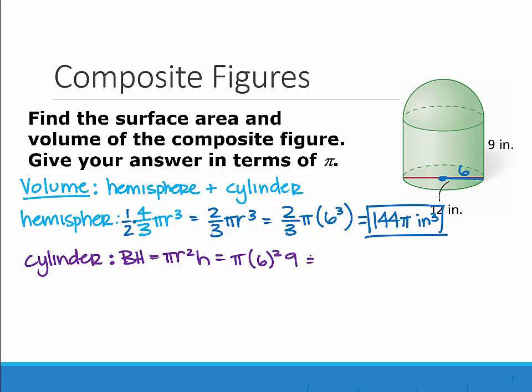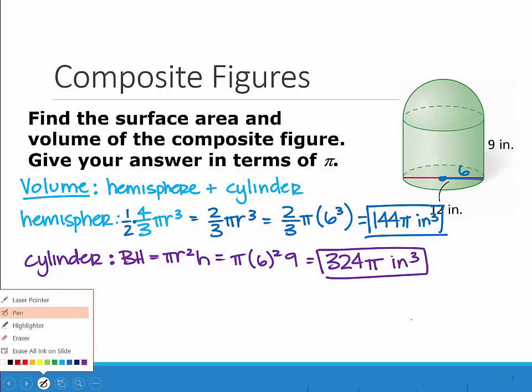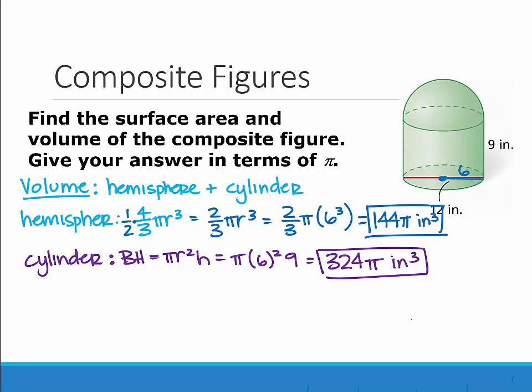So we'll do 36 times 9, which gives us 324 pi inches cubed. So the total volume, once we add those together, is 468 pi inches cubed for this composite figure.